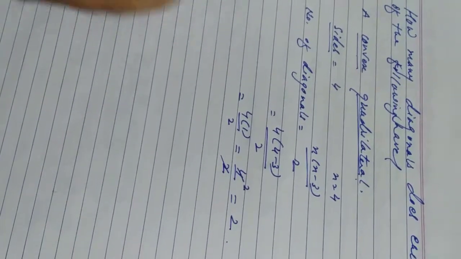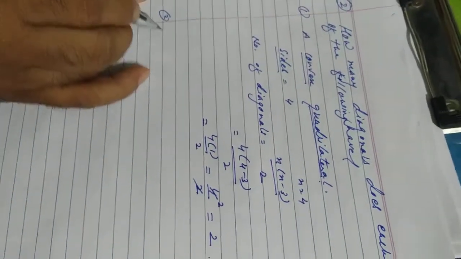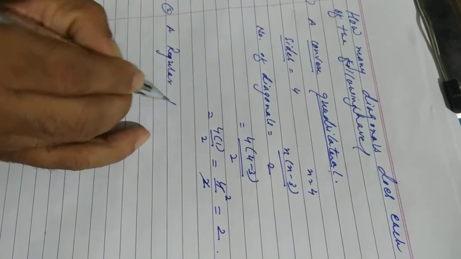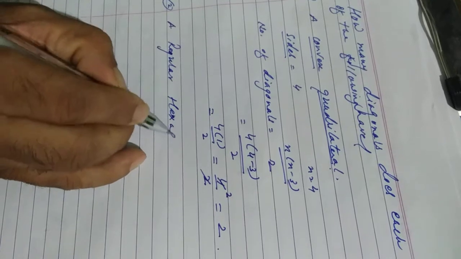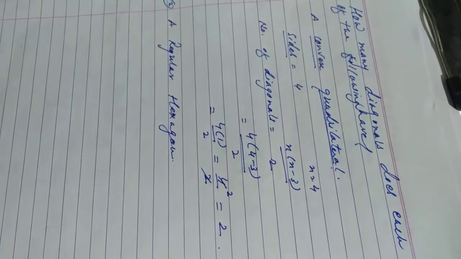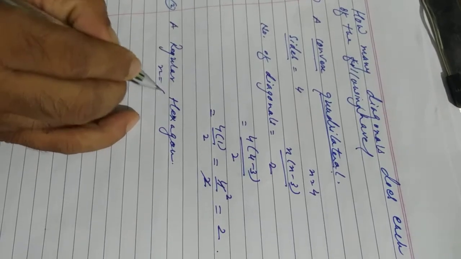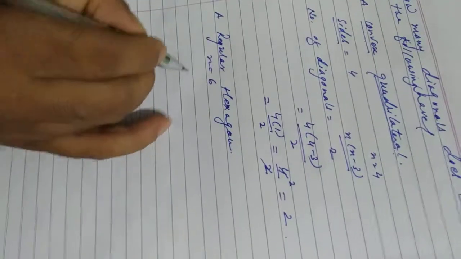Got it? Now see the second, a regular hexagon. Hexagon means how many sides? 6 sides. So n is equal to 6, right? Same formula.